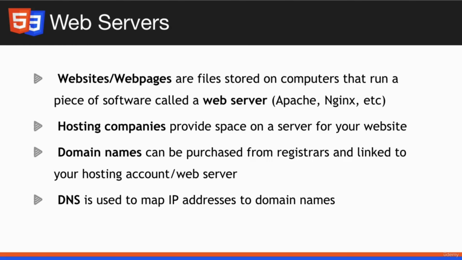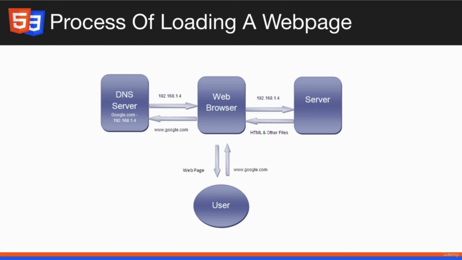All right, so let's take a quick look at a diagram that kind of explains what we've been talking about. So you, the user, down at the bottom, type in, let's say, google.com into a web browser, and this could be Microsoft Edge, Google Chrome, Firefox, Safari, any web browser, and the DNS server looks at the domain name, such as google.com, and maps it to the IP address that's needed, as you can see right here.